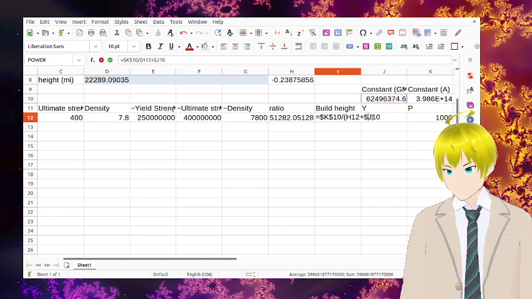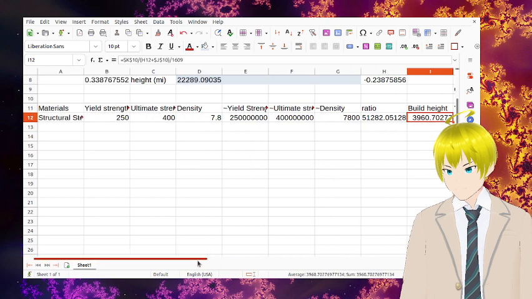I'll do static reference. So this is the ultimate build height. Actually, I want to calculate this not in meters, but in miles. I think there's 1609 meters per mile. There we go. This is the ultimate build height that we can get with this material.